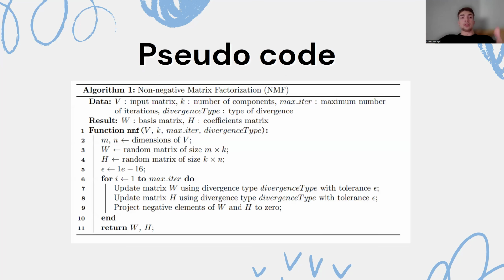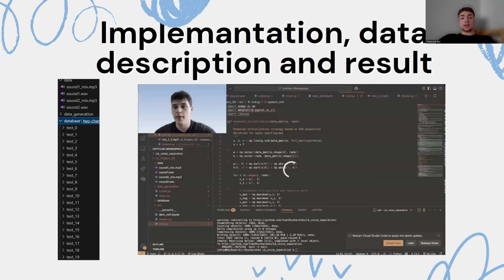Next, Ivan will talk about our code, but firstly, I will show you pseudocode of our function. An interesting thing is that W and H are firstly randomly filled, and then iteratively we find the best fit for them, so that their product has the minimum distance from V. Ivan will start now.